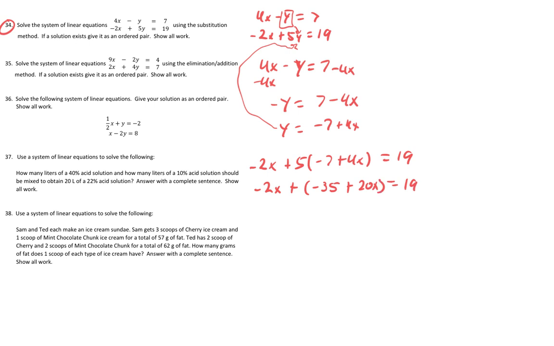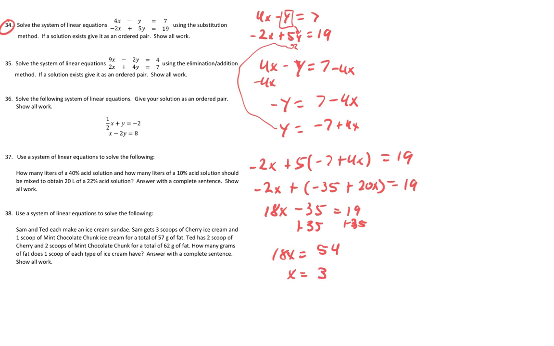Combine like terms. Add 35 to both sides. And then divide by 18. X is equal to 3.